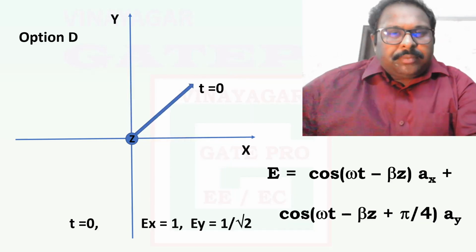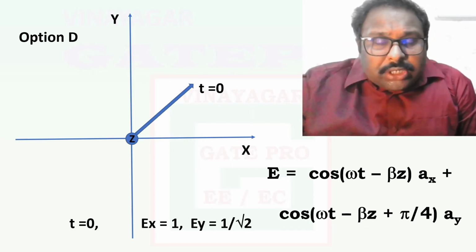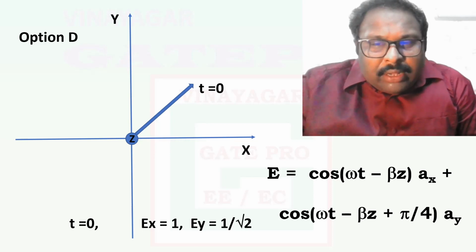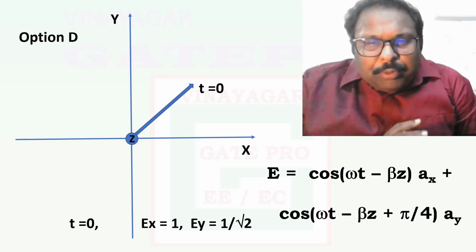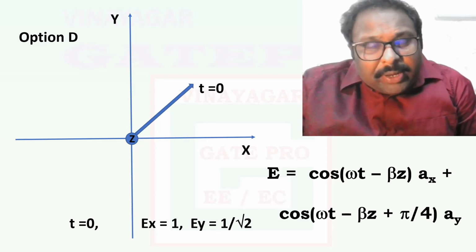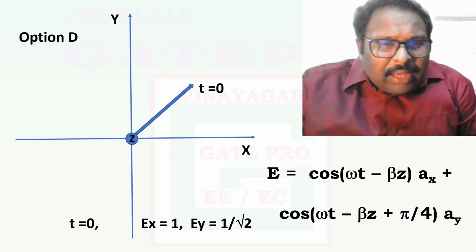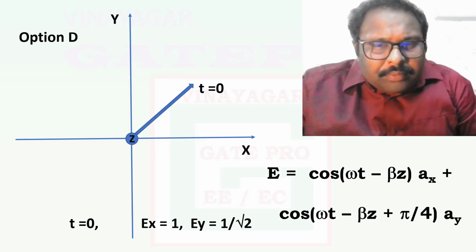Now the last option, where amplitudes are equal and phase is pi by 4. Just watch how the amplitudes are coming to be 1 and 1 and phase is pi by 4. So when I put x equal to 0, z equal to 0 and t equal to 0, cos 0 is 1 and cos 0 plus pi by 4, cos pi by 4 is 1 by root 2. So Ex and Ey are not having equal amplitudes.